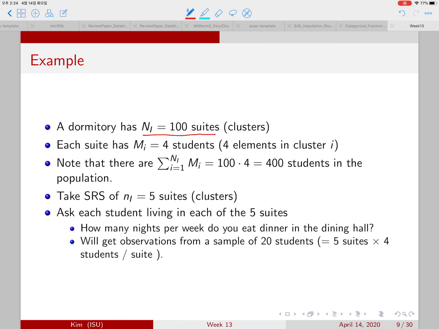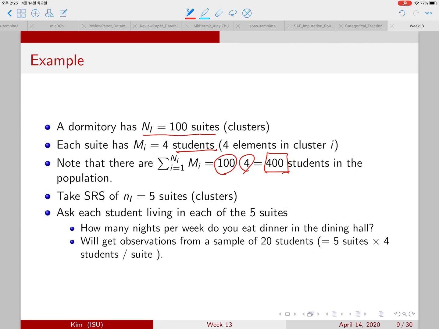Within each room, four students live. So the room becomes a cluster, and the student becomes an element. The total number of students in this dormitory is 400, because we have 100 rooms with 4 students each.